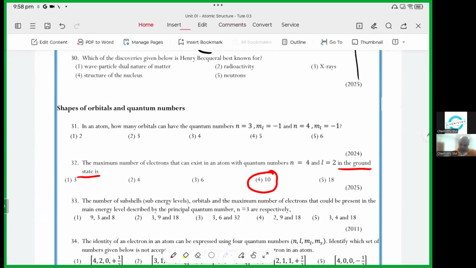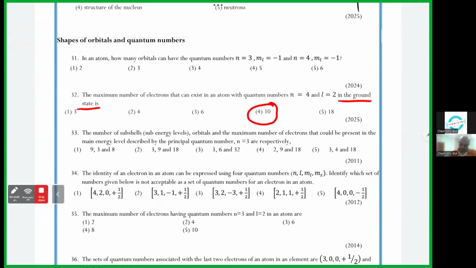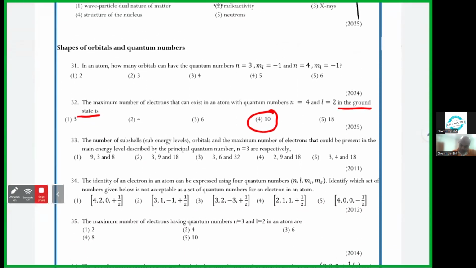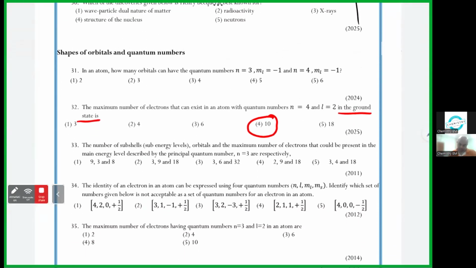So here, the number of subshells, sub-energy levels, comma, orbitals, and the maximum number of electrons.